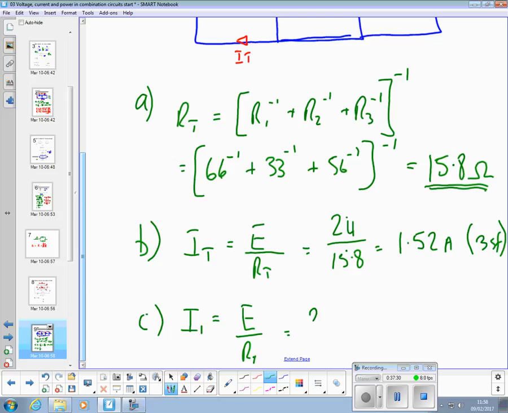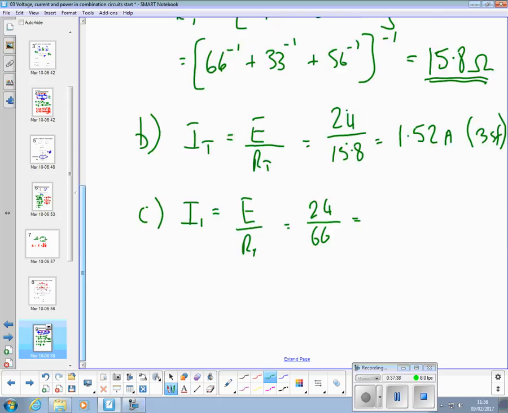So that's 24 over 66, isn't it, R1? Which is 0.367 amps. You said that was 0.36 recurring.